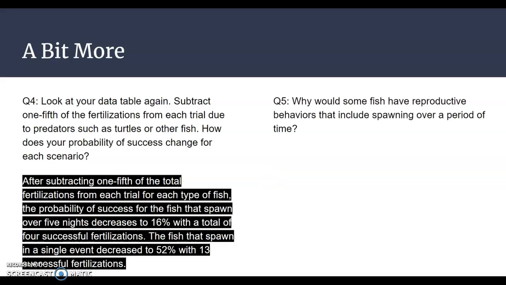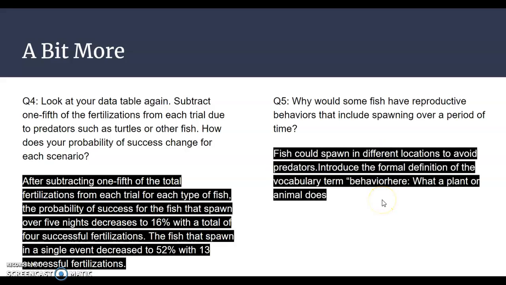So this is where we get to the meat of what our target is really asking you: why do some fish have reproductive behaviors that vary? So why do some spawn over a period of time instead of having a single spawn event? If we're talking about this honestly, there are reasons why this is successful with both methods. And that has a lot to do with location and predators.